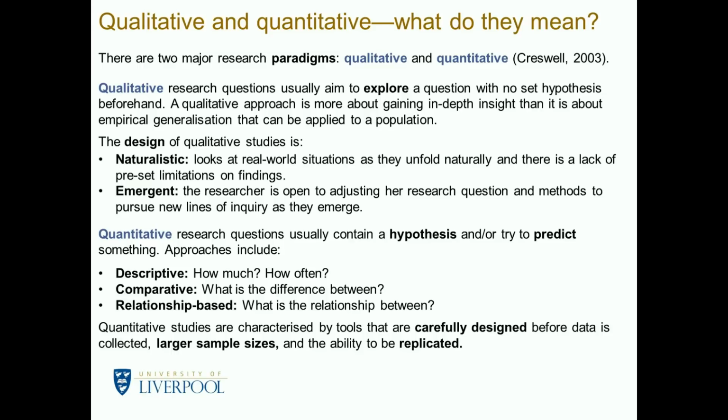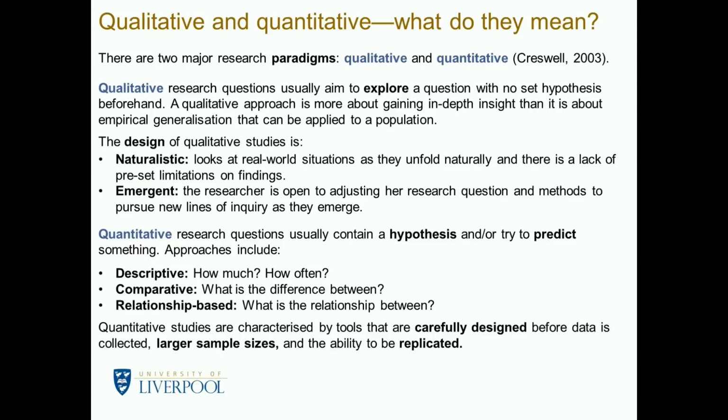The design then of a qualitative studies include the following: naturalistic, that looks at real world situations as they unfold naturally, and there is a lack of preset limitations and findings. Another aspect is emergent, where the researcher is open to adjusting their research question and methods to pursue new lines of inquiry as they emerge.